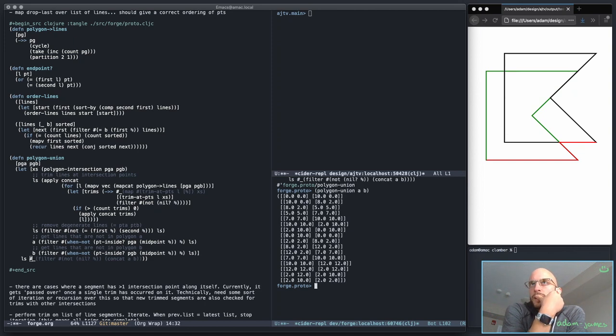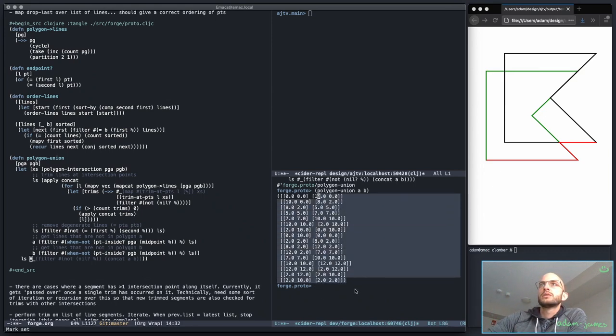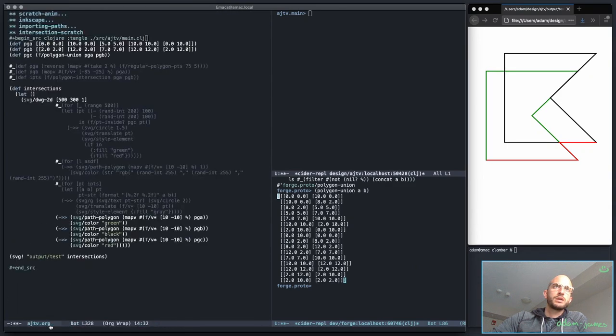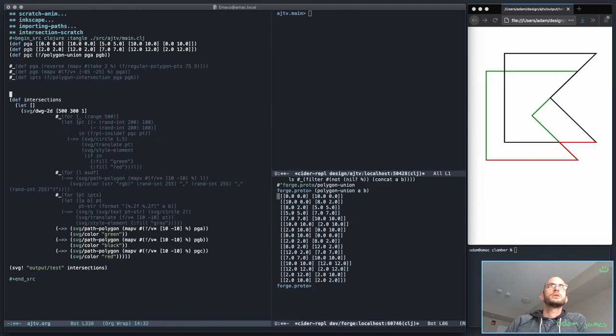So it looks like I have all the segments in this list here. In fact, let me lazily get a visual confirmation of that by copying this into here. By def, lines is this.